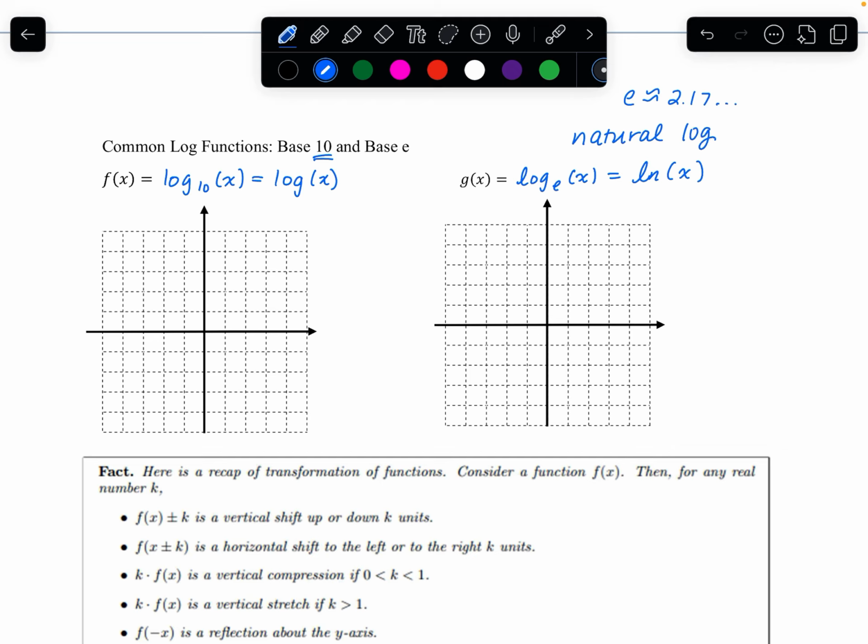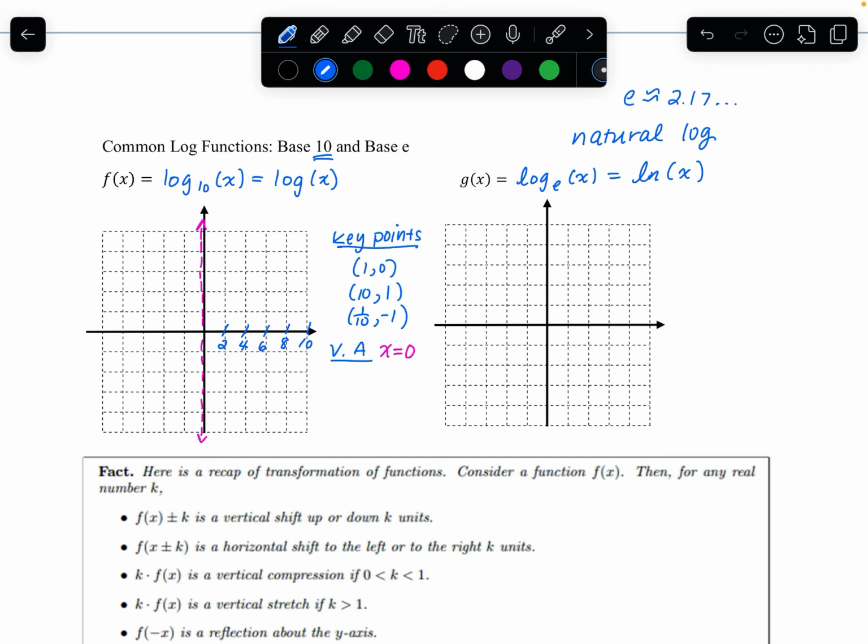Where I'm going to jump in is key points. Start with our base 10 graph. (1, 0), (b, 1), so (10, 1), and then (1/b, -1). Vertical asymptote at x equal to 0. I'll go ahead and get that drawn. Label some points, but I think what I'm going to do here is, since our number is so big, 10, I'm going to change our scale to 4, 6, 8, 10.